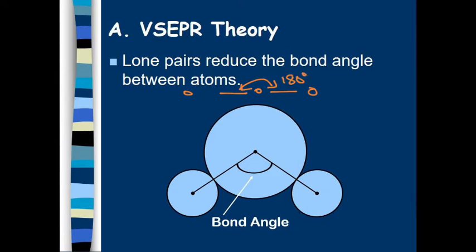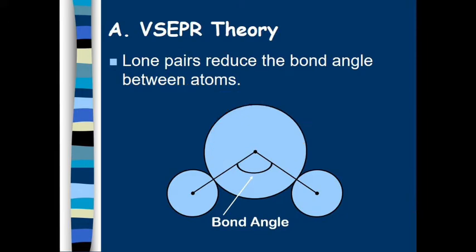Well, if there happens to be a lone pair of electrons on our central atom, they will repel more strongly. They push down on the bonded pairs on each side and reduce that bond angle. So instead of 180 degrees, you'll have something less than 180 degrees. And we'll talk about some of those angles today too.